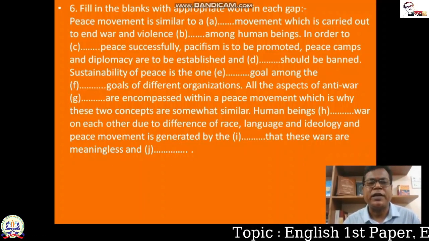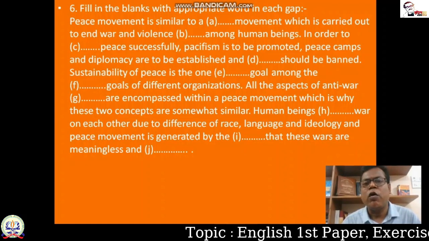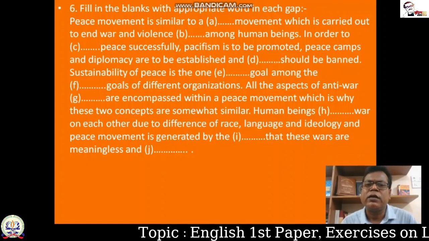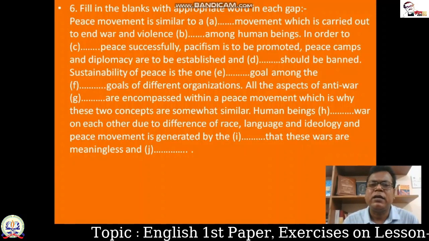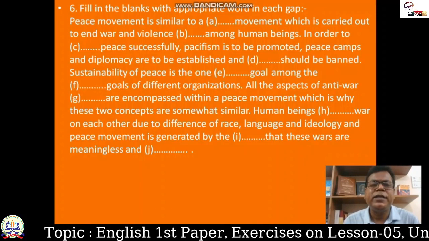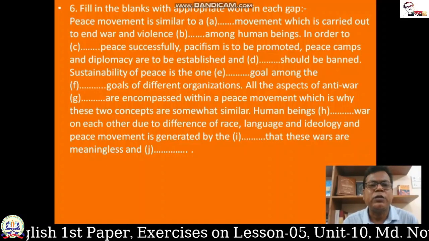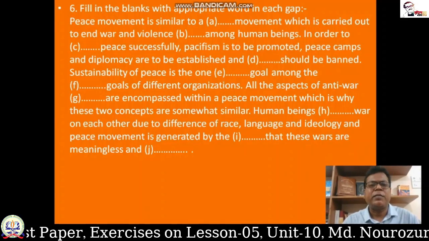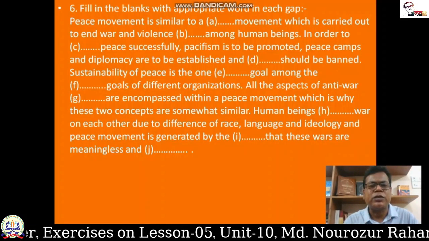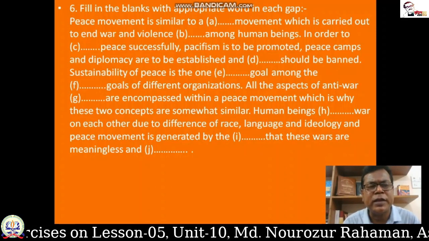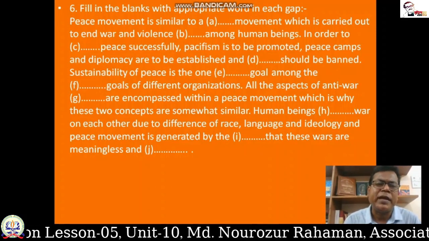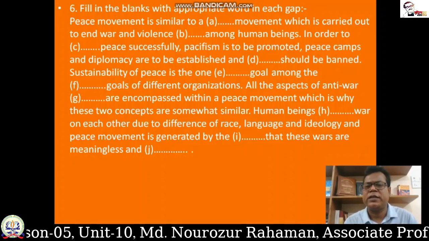We know it from the text. So common will be the correct answer for blank E. Sustainability of peace is the one common goal among the dash goals, among the various goals, among the diverse goals. So diverse or various will be the correct answer for blank F.